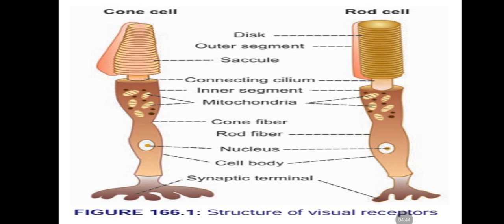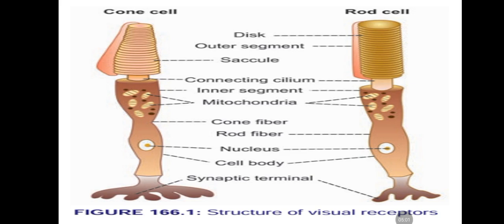This is a structural representation of visual receptors. Cone cell and rod cell, which consist of discs and outer segment.